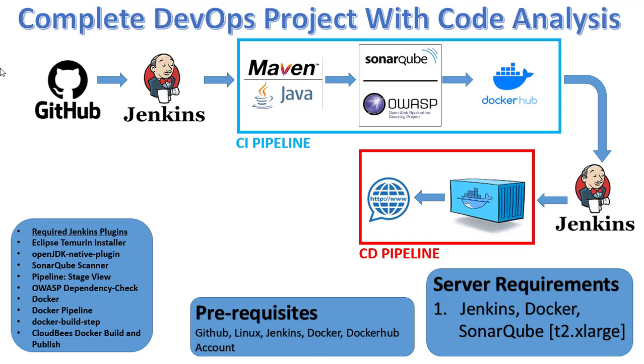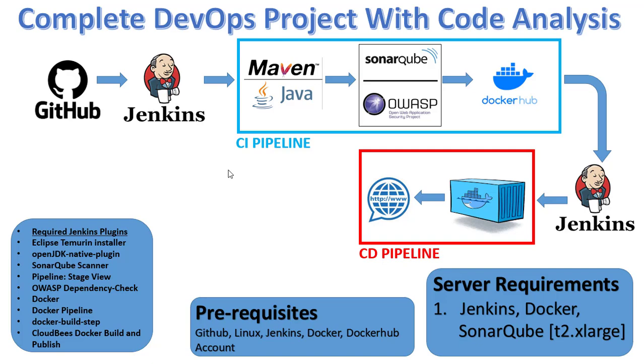Here, using one sample GitHub project, I will fetch that project from GitHub using Jenkins. Then I will compile that code using Maven, and after compiling, I will analyze that code using SonarQube.